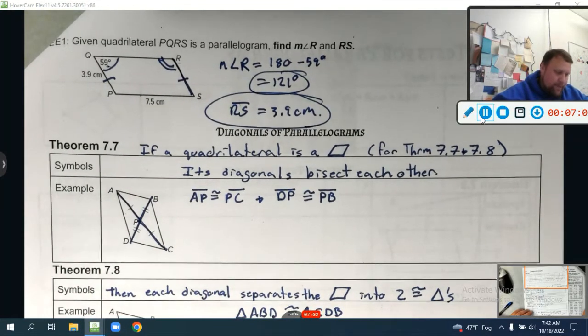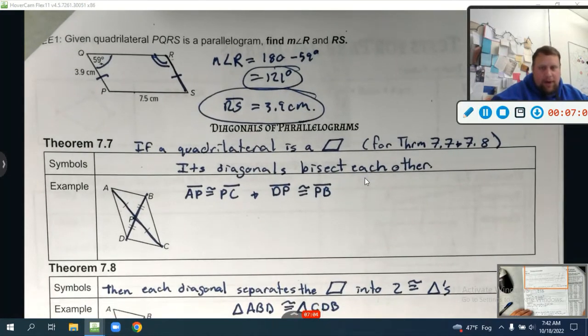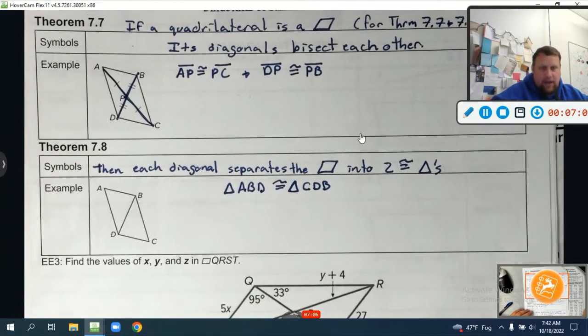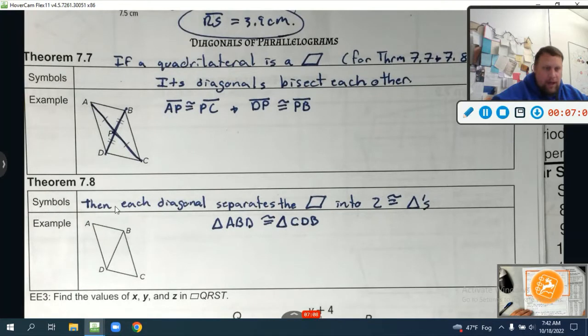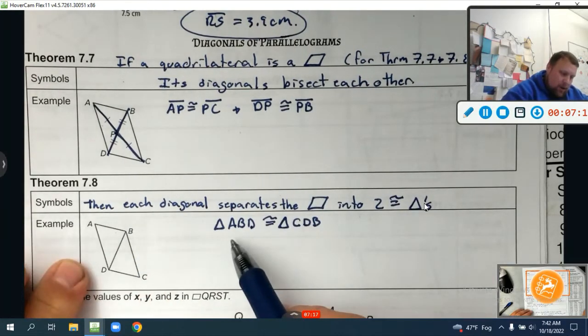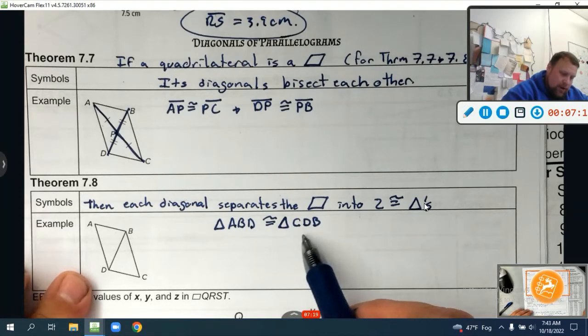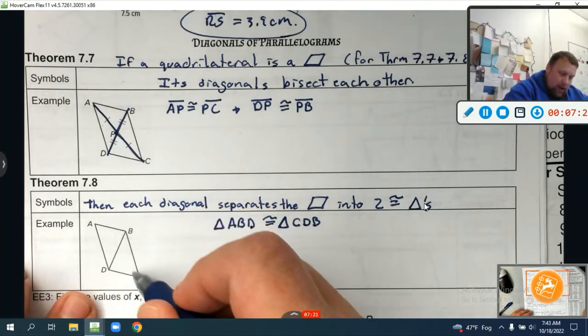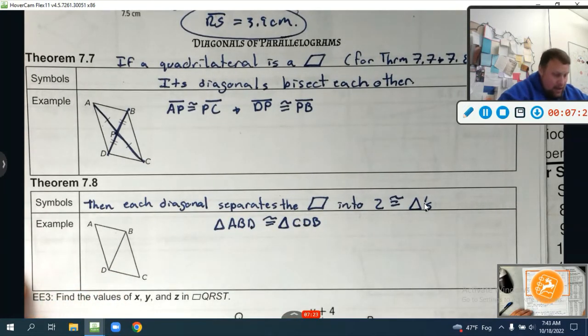That's where it's going. Speaking of triangles, again, pause this if you need to. Let's look down here. What do we know from theorem 7.8? Each diagonal separates the parallelogram into two congruent triangles. So if I just draw one diagonal, then I can say triangle ABD is congruent to triangle CBD.